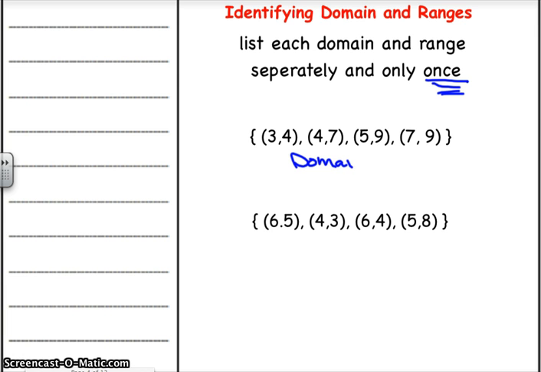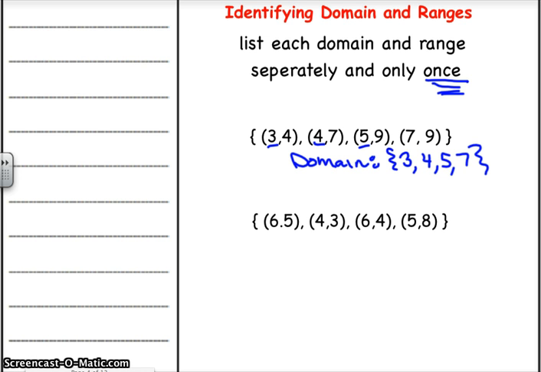This is how I do it, my domain. Domain is x. So I say, what are my different x's? I have a 3. I use a bracket. I have a 3. What else do I have for x? 4. What else do I have for x? 5. What else do I have? That's my domain. Those are my different x's.